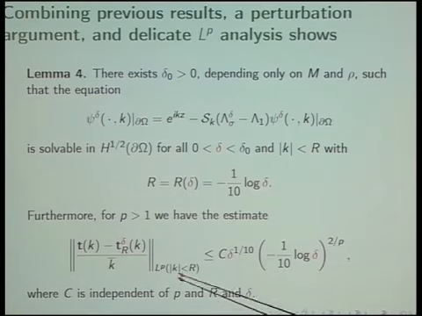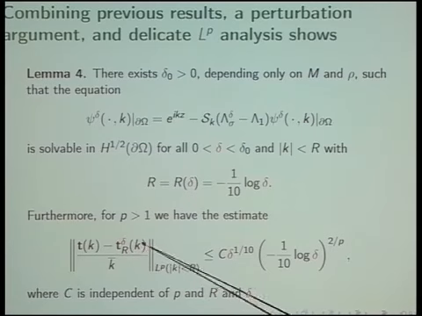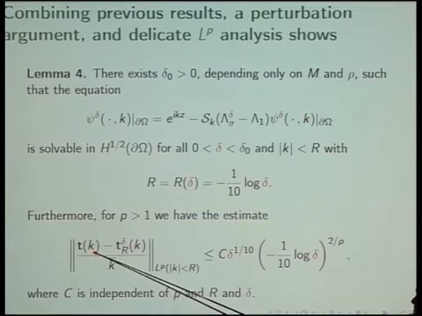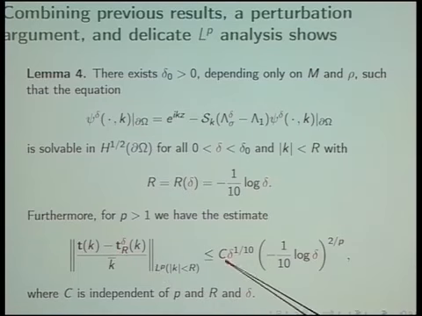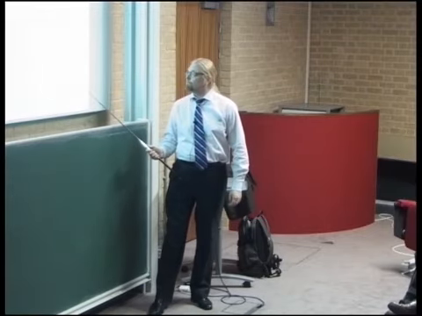Then also for the resulting truncated scattering transform, if we compare this one to the actual scattering transform, we see that they are not too far away from each other. The difference is bounded in L^p norm by this, for any p more than 1, and p also appears here.